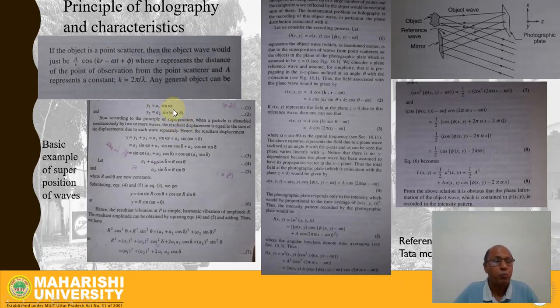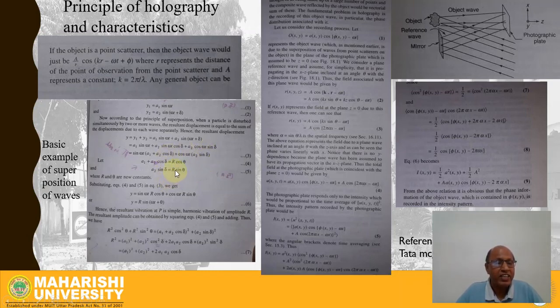difference between the two. Now, if you superimpose the two, then the resultant wave y will have these two waves, and if you solve them, you will finally get an equation which is represented by this equation. And as you can see clearly, this theta includes the phase difference between the two, right?